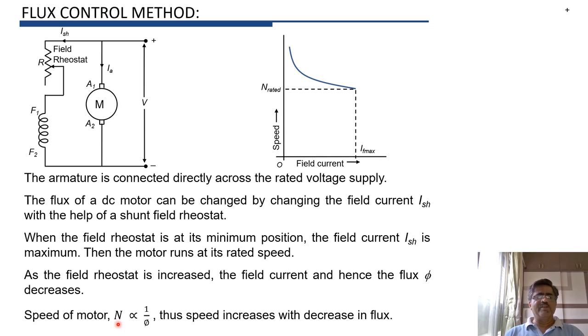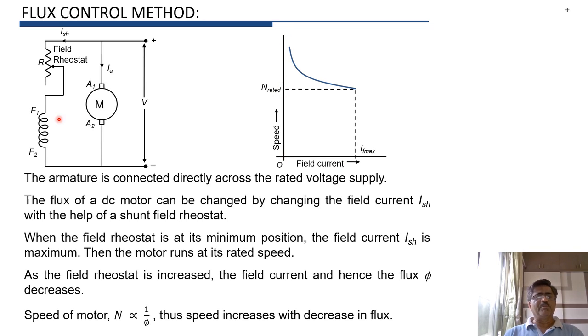That is, N is inversely proportional to flux. So as phi decreases, speed increases. So with decrease in field current, the speed of motor goes on increasing. And for very low values of field currents, the speed may become dangerously high.